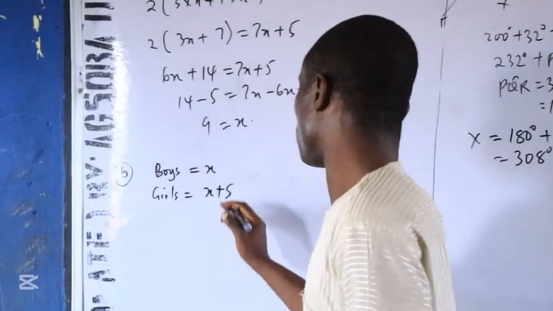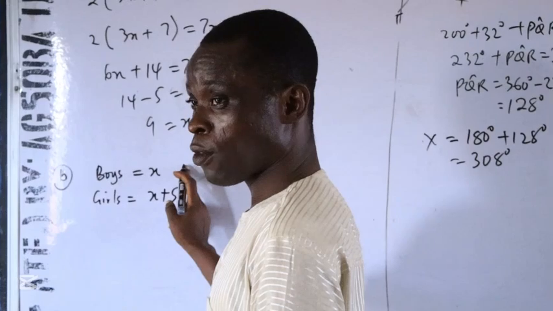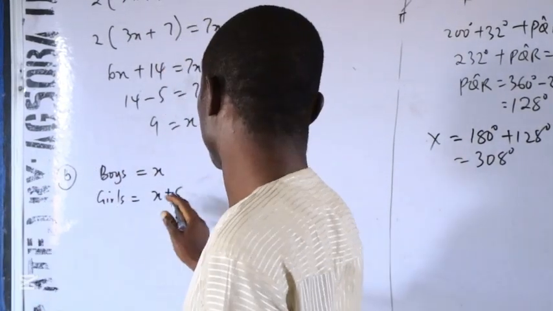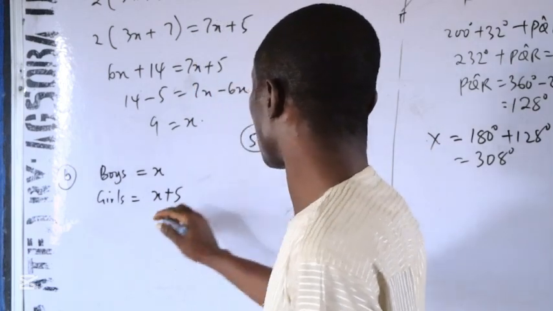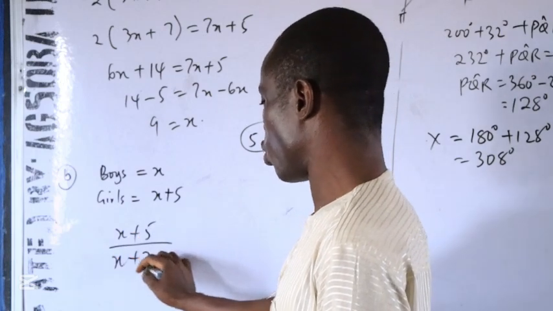If 2 boys join now, this one will become S plus 2. Now, the ratio of girls to boys is 5 to 4. So this one, S plus 5, all over S plus 2.